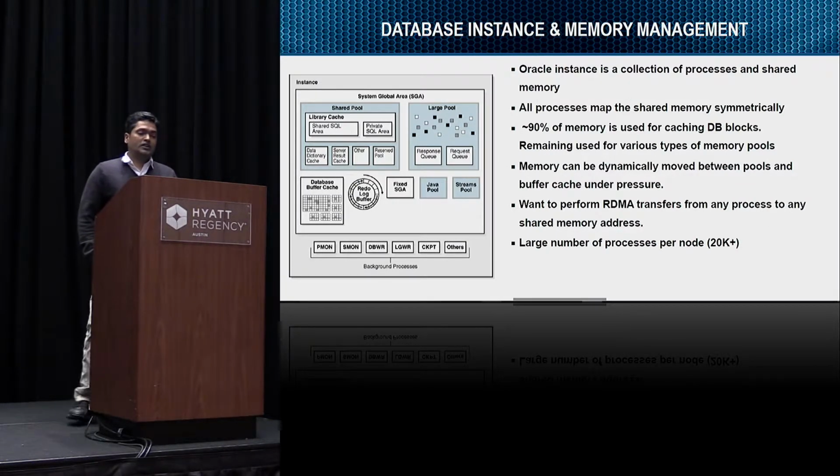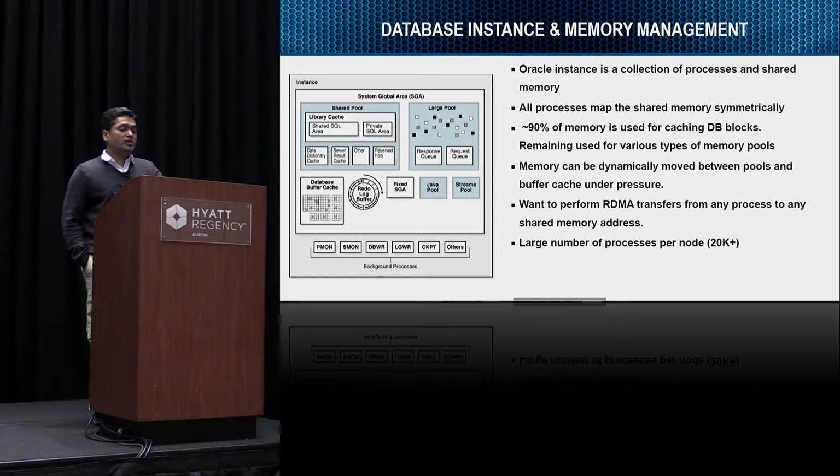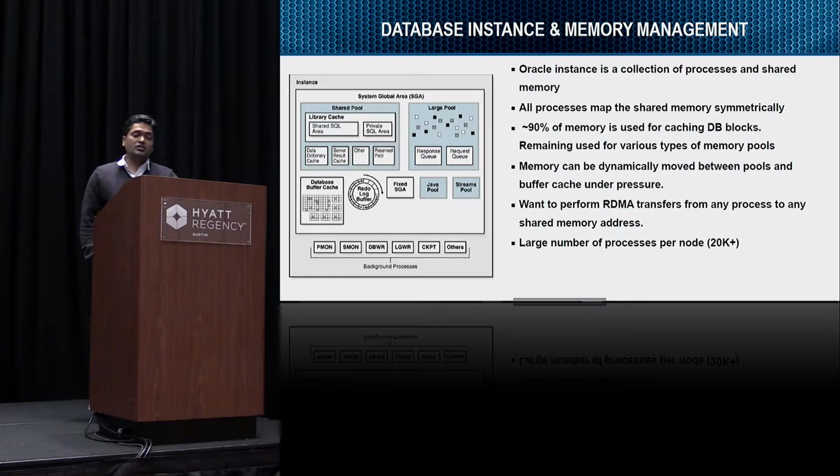Taking a snapshot of a database instance and various memories associated with it. So as I said, Oracle instance is basically a collection of processes attached to a shared memory. All processes in the shared memory model map the memory symmetrically. Majority of the memory is basically used for the buffer cache.